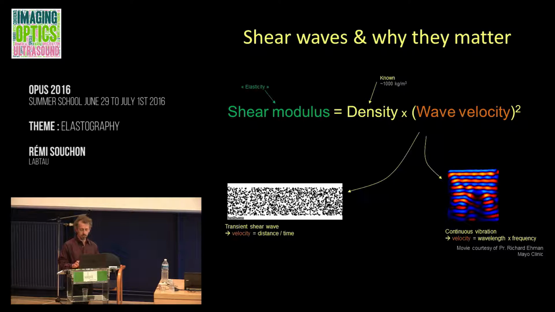But now we can also use continuous vibration. In the case of continuous vibration, we set the frequency of the vibration. We use a vibrator with a set frequency, and this is actually what we typically do in MRI. Then we can see the total wave field, and from that wave field you see wavelengths, and the wavelengths are related to the velocity by a simple and well-known relation: velocity is the wavelength multiplied by frequency.